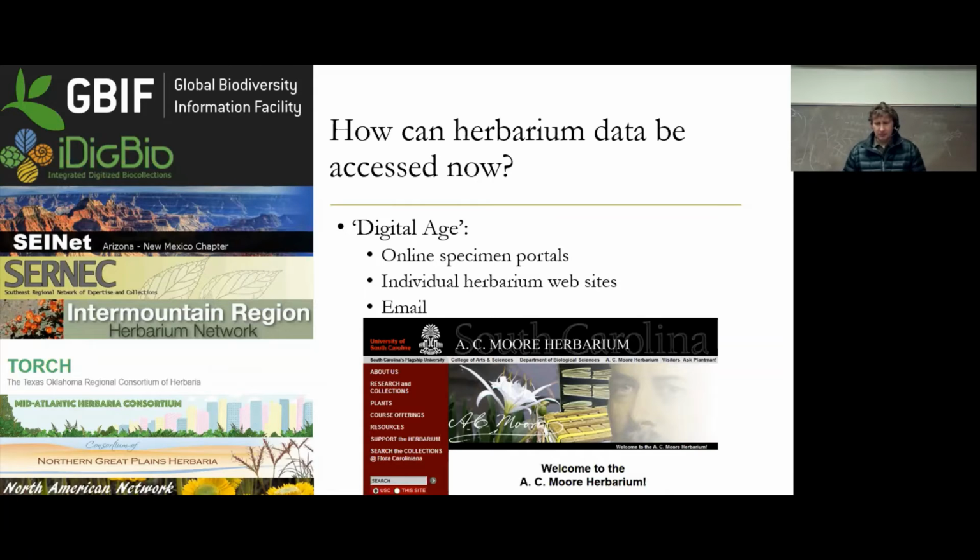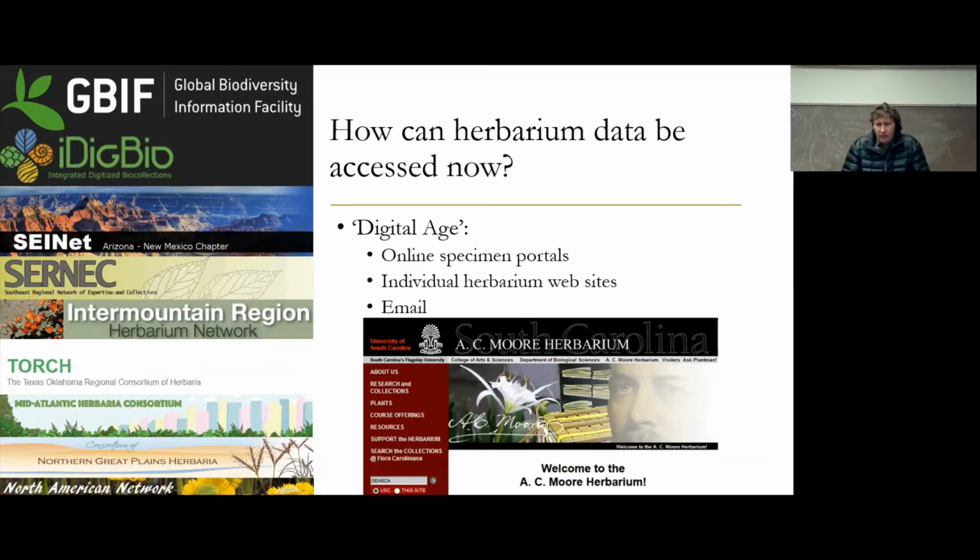So CERNEC is the Southeast Regional Consortium of Herbaria, basically. If you've visited the CERNEC website, by default, you can actually search the Southwestern Network, the Texas-Oklahoma Network, and all the others as well. And the same would hold true if you visited the Intermountain Regional Herbarium Network. You would just have that Intermountain region brand, but you would still be able to search all the other regional consortia.